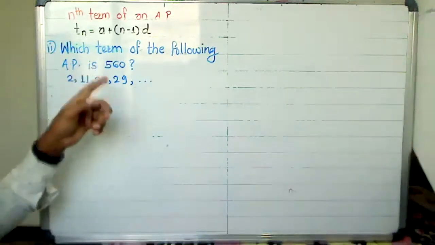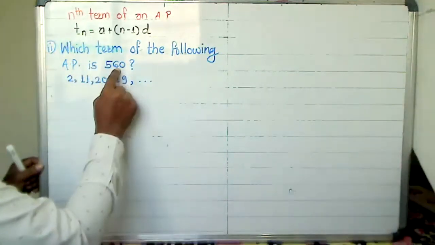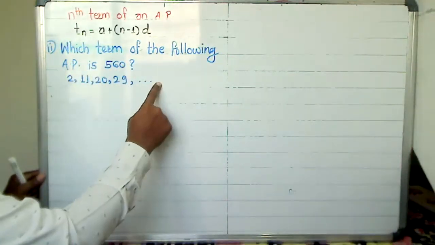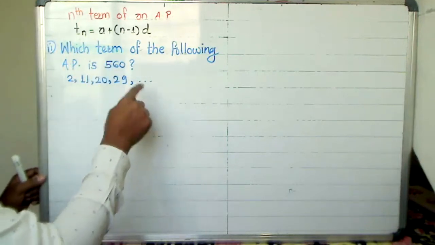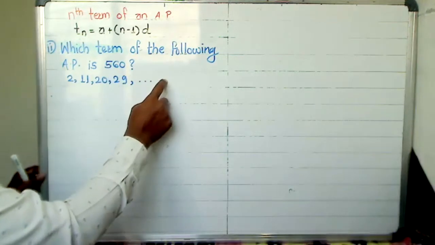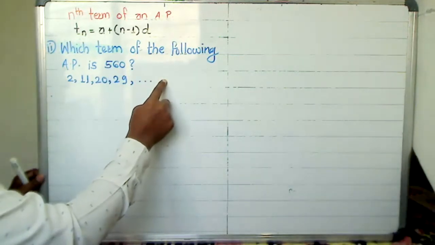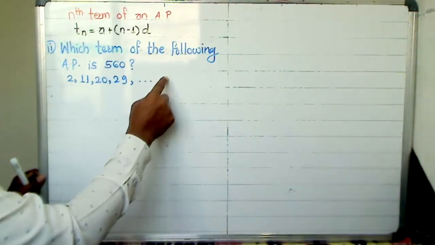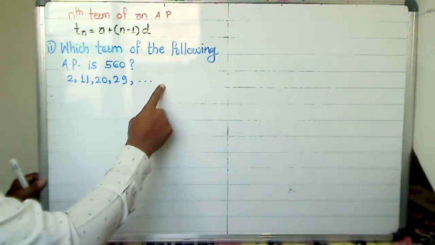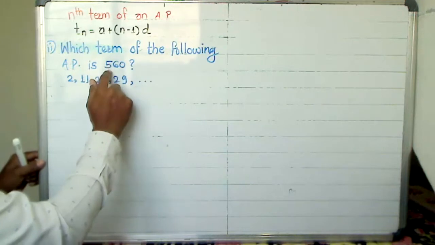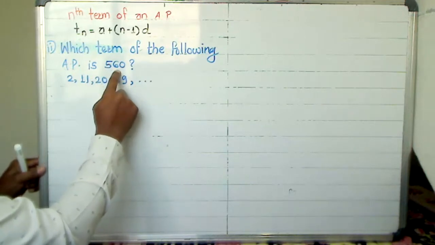This question suggests that 560 exists in this AP. Then we have to find the number of the term.